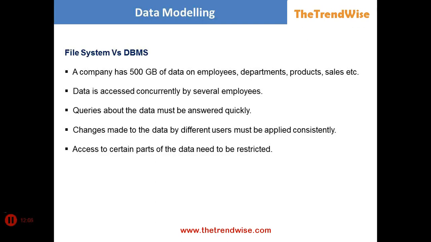There is no kind of logging that we can do in a file system to find out who has done what. Whereas with a DBMS, every user gets logged. There is a record of everybody who is making a change in the DBMS.